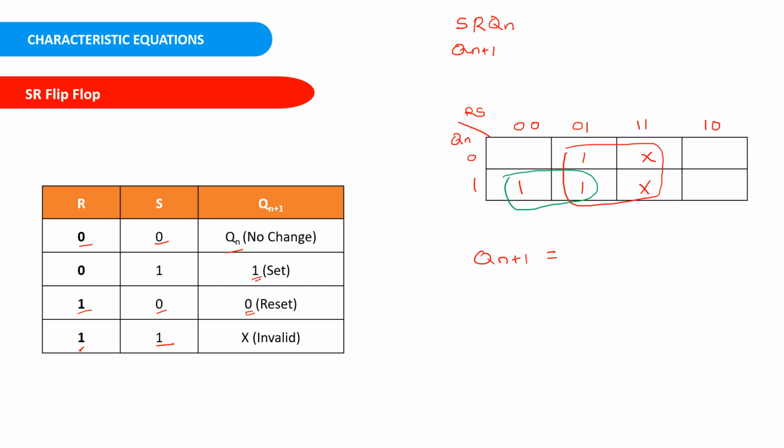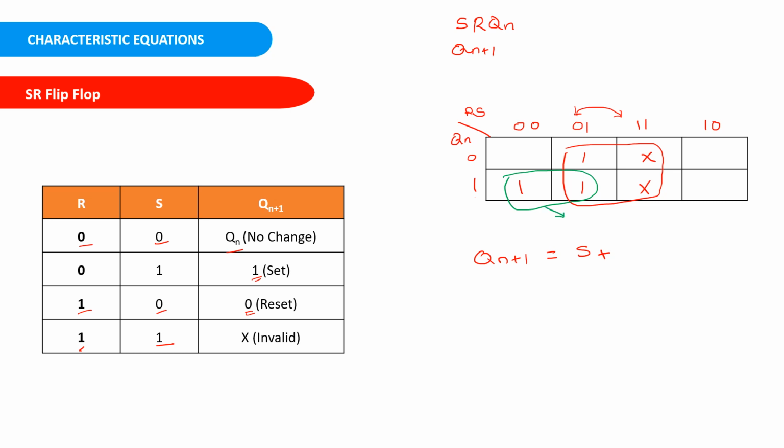R has the values 0 and 1, so R gets cancelled. So it will be S. Then for this group, here Qn is 0, in this case it is 1. So S plus.